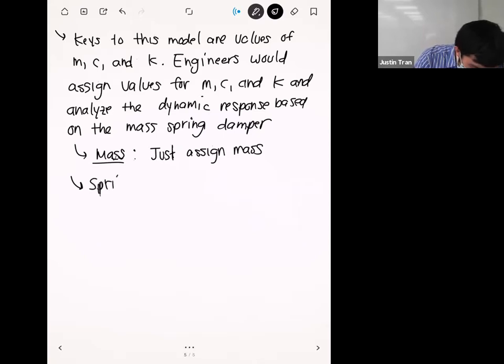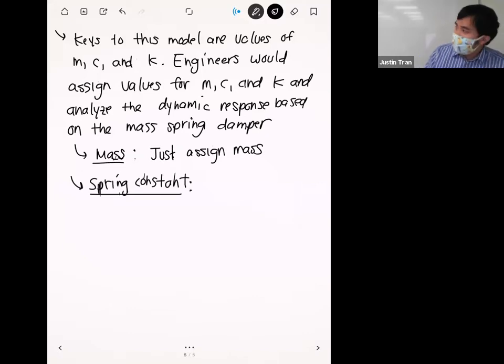All right, spring constant. Spring constant is, relatively speaking, easy, but it's also not very straightforward either. Because if you think about a spring in reality, it's basically an elastic structure. So the spring constant, in quotes, of just an arbitrary structure will depend on how elastic that structure is.